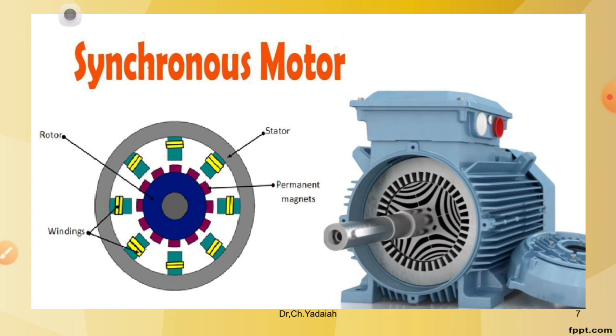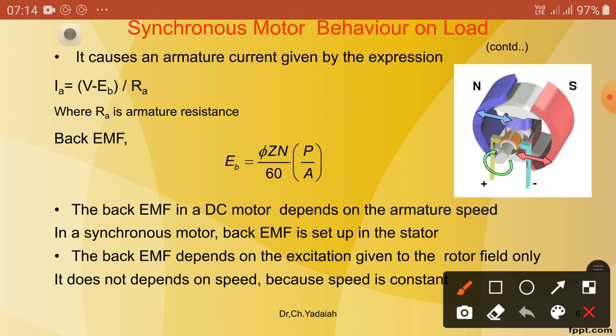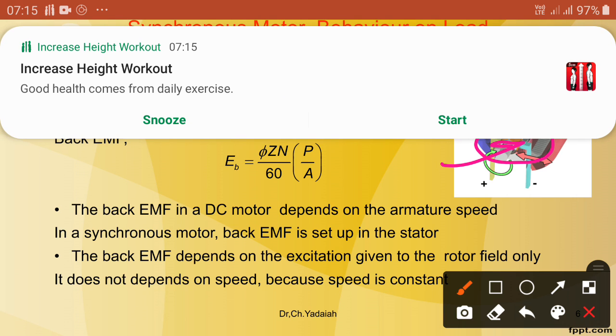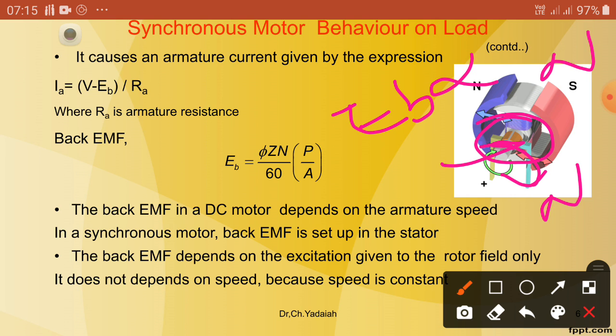In the case of DC motors, the armature speed is developed initially and the back EMF is equal to 0. Once the rotor picks up its speed, then EB increases, and the back EMF is directly proportional to the speed in DC machines.